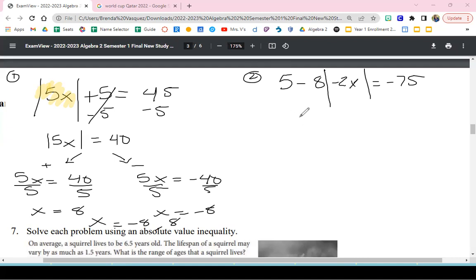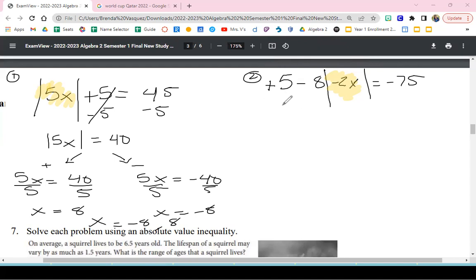All right, let's go ahead and look at number 2. What's happening to my absolute value? Remember that we are going to act as if it were a whole complete variable. We don't touch it. What's happening to it outside? It's multiplying by negative 8 and what else? What about the 5?